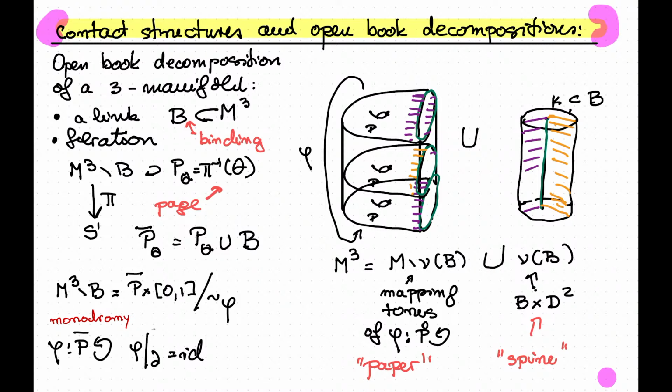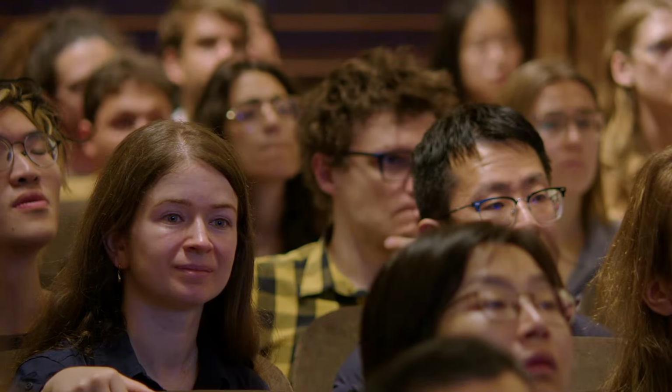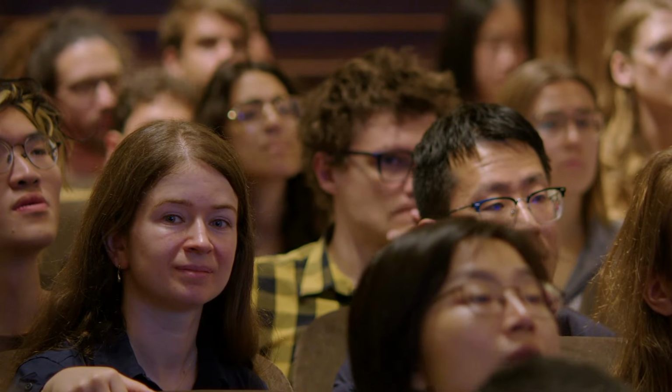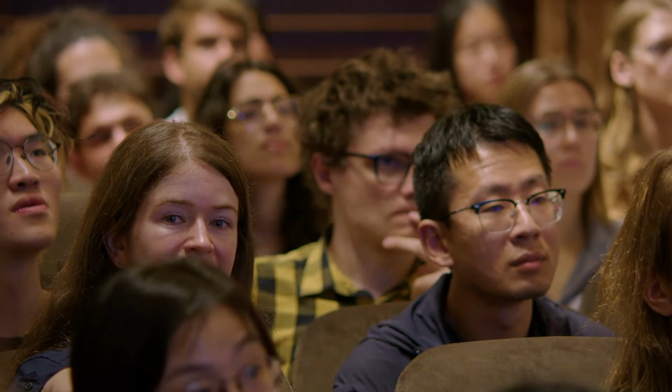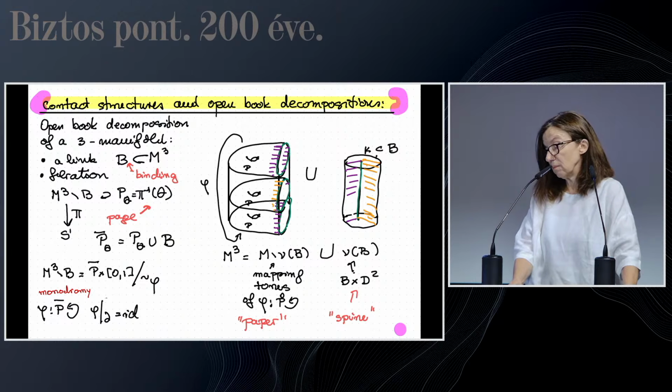Because this fibration is a fibration, there is a monodromy, phi, that we can record, and with that monodromy, the complement of B is a mapping torus of the page, not a closed page, but an open page.